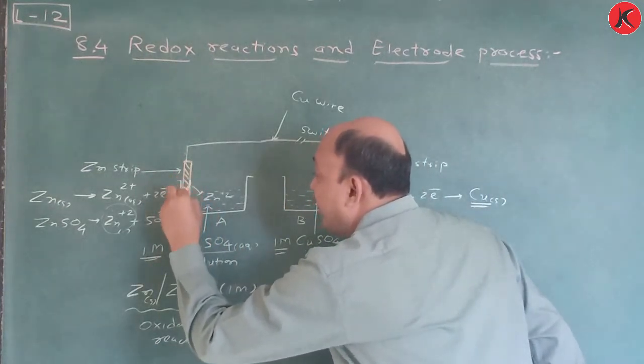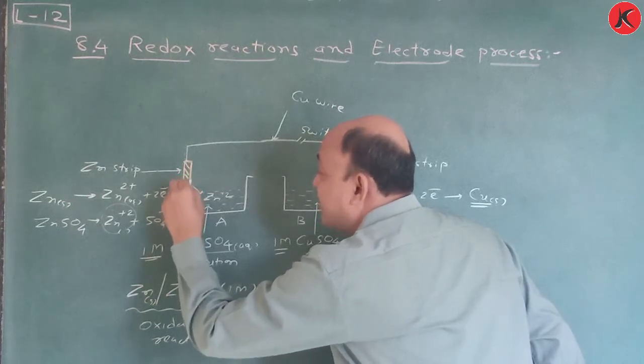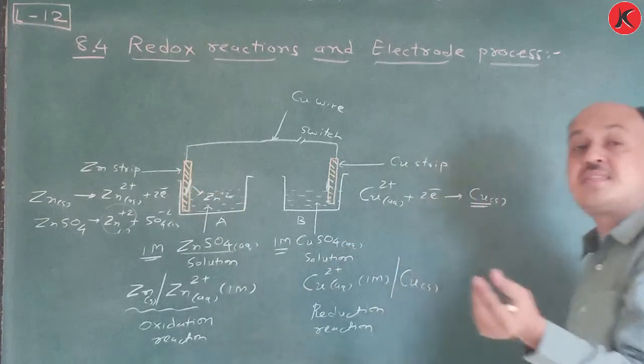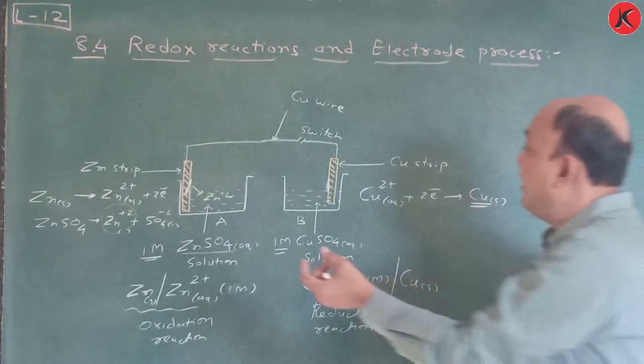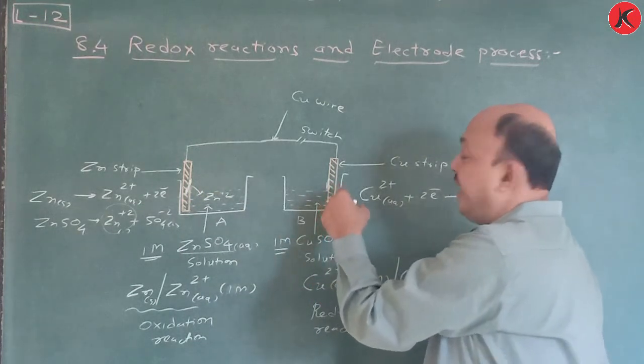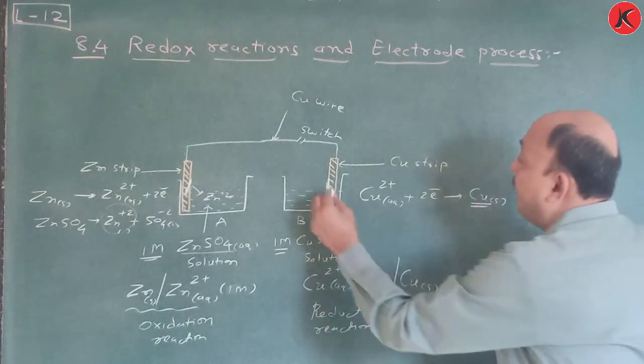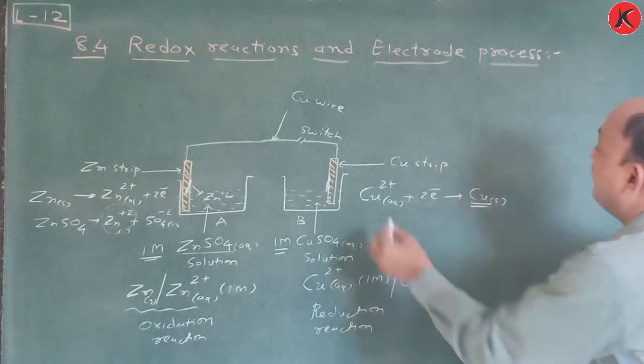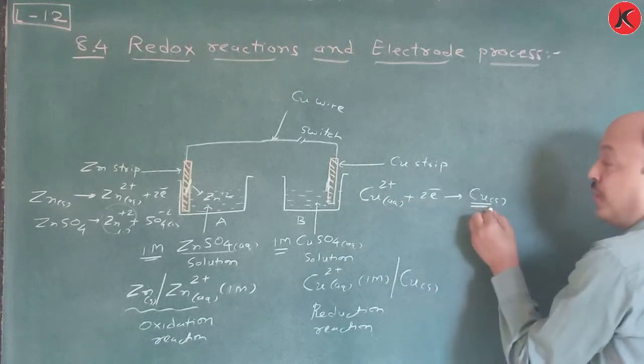That means there is a decrease in mass. Here the Zn strip corrodes, and here Cu solid is deposited more. So once again Cu plus 2 aqueous plus 2 electrons gives copper solid.